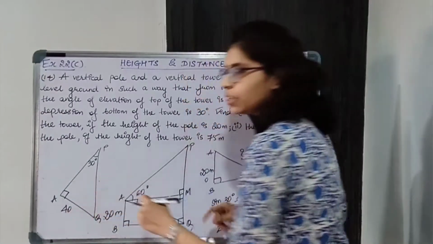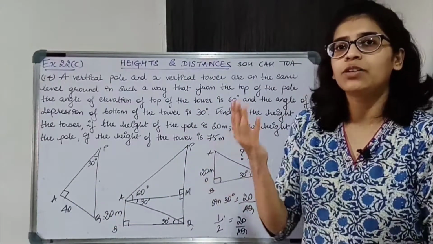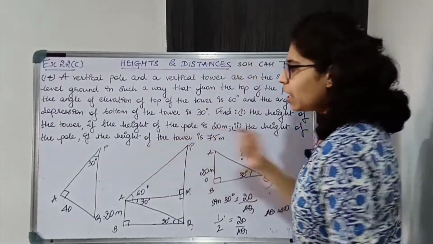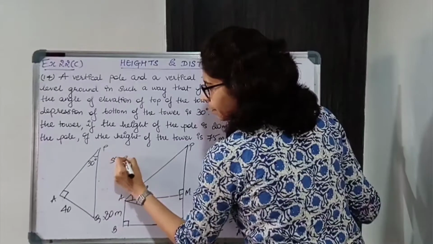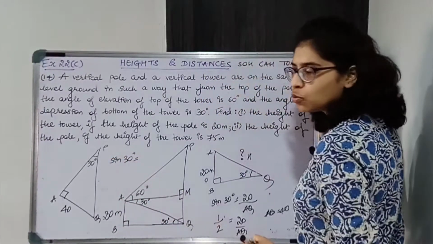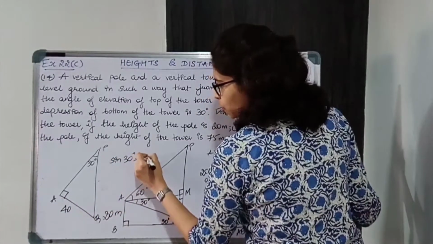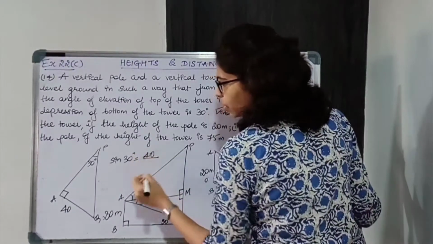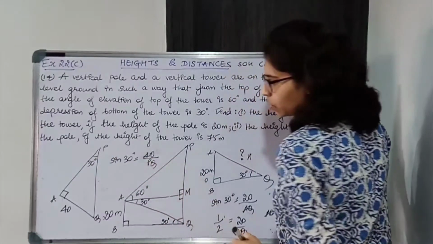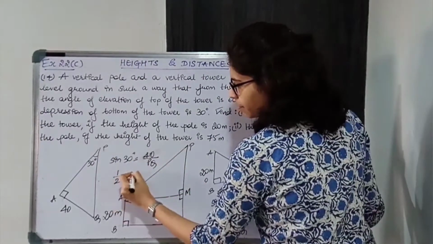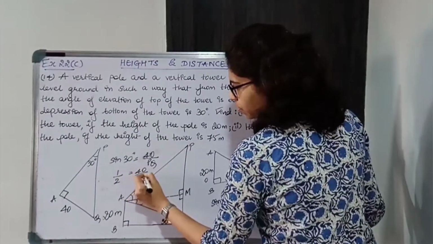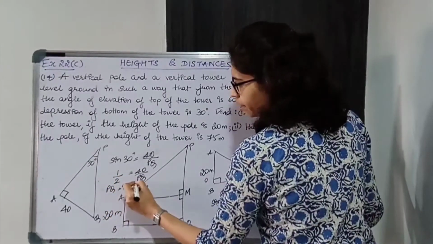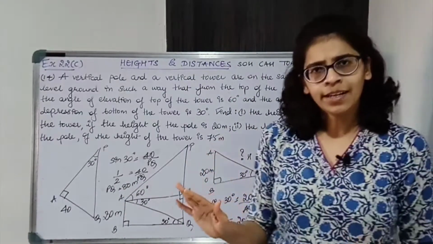So opposite and hypotenuse again we relate by using sine. Okay, sine is opposite upon hypotenuse. So here we'll take sine 30 is equal to opposite, that is AQ, which is 40, upon hypotenuse, which is PQ. Okay, sine 30 is again half, 40 upon PQ. So cross multiply, PQ is equal to 80. So you can easily find PQ.